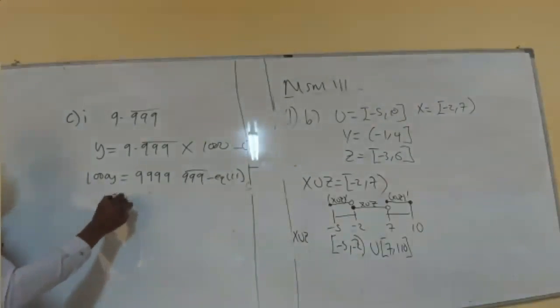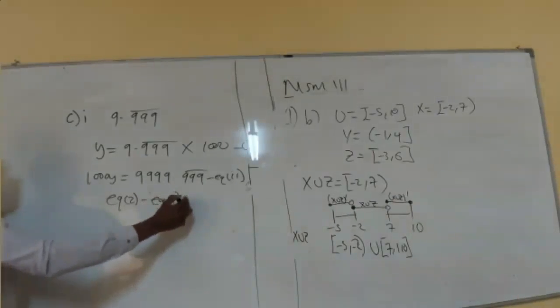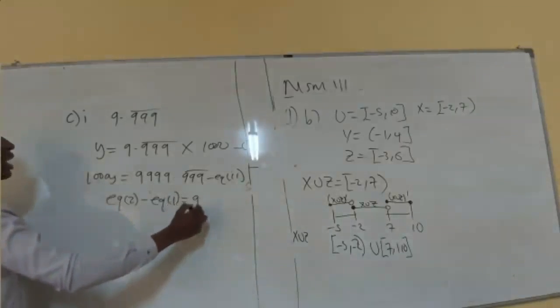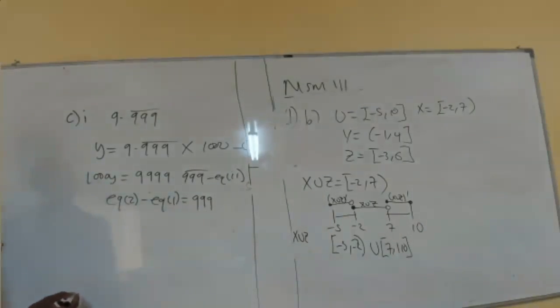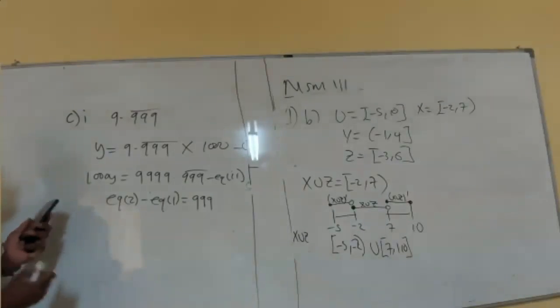Then equation 2 minus equation 1. Remember, it's 999y because 1000 minus 1 is 999.